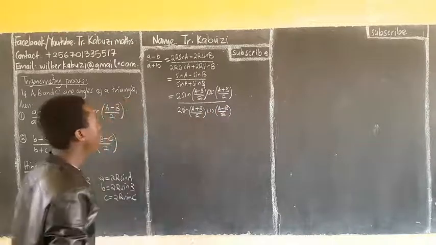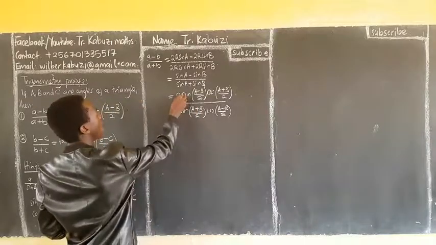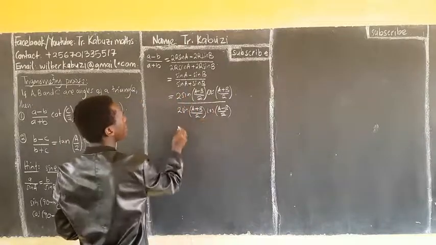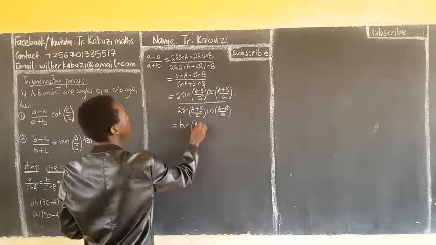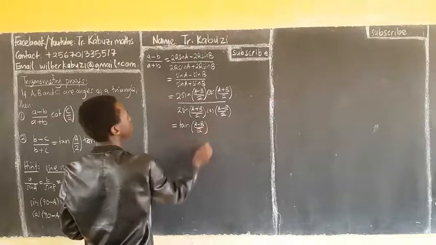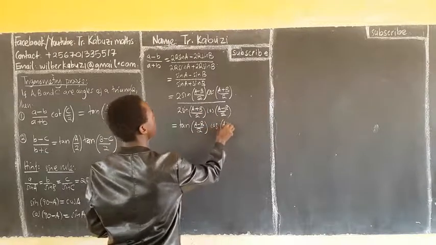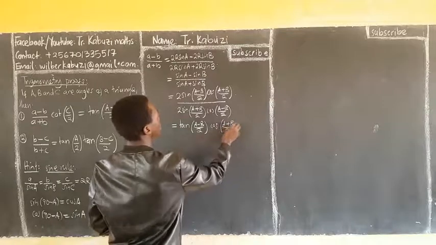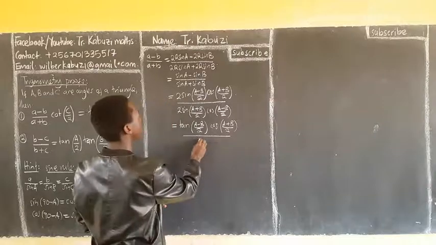So now from here, if you are to rearrange, you see that this 2 will go away, then this and this will give you tan of A minus B over 2. Then you remain with your cos of A minus B over 2, the whole divided by this remains.